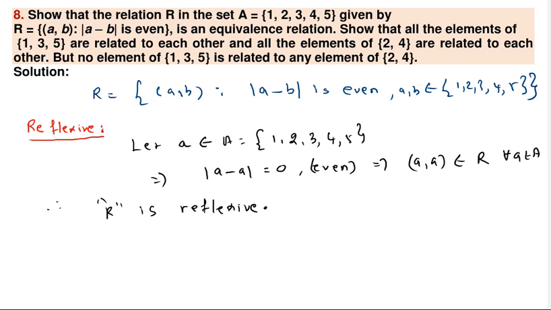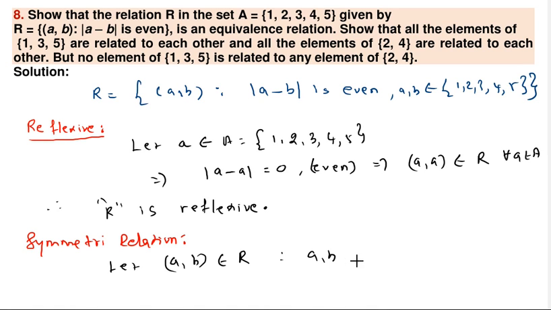The second one, we have to test the symmetric nature. To discuss a symmetric relation, we have to take an arbitrary member of the relation R. So let us take (a, b) from the relation R. Here a, b can be elements of the set {1, 2, 3, 4, 5}.